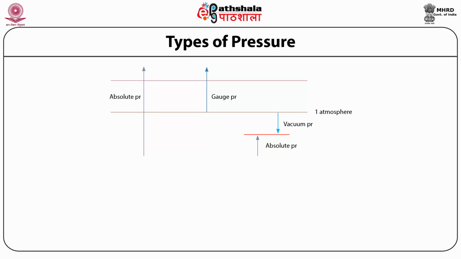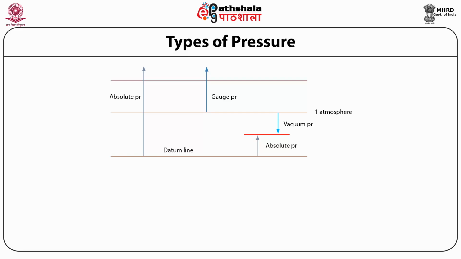The pressure measured above this atmospheric pressure datum is called gauge pressure. That means any pressure measured above the atmospheric pressure is called gauge pressure. Say for example, 200 kilopascal absolute pressure is equivalent to 200 minus 101, that is 99 kilopascal gauge pressure.